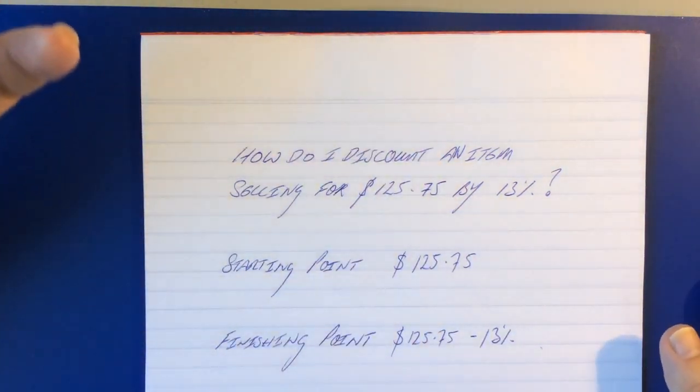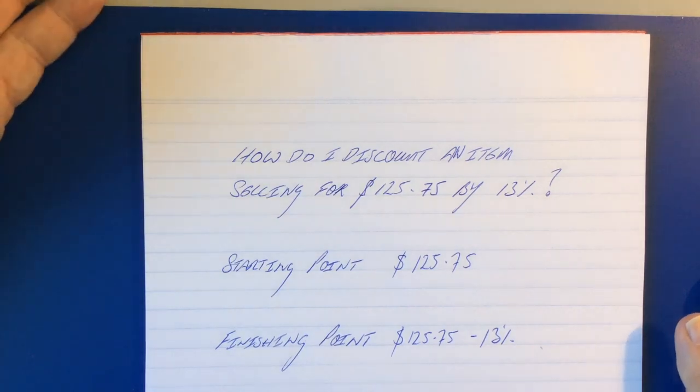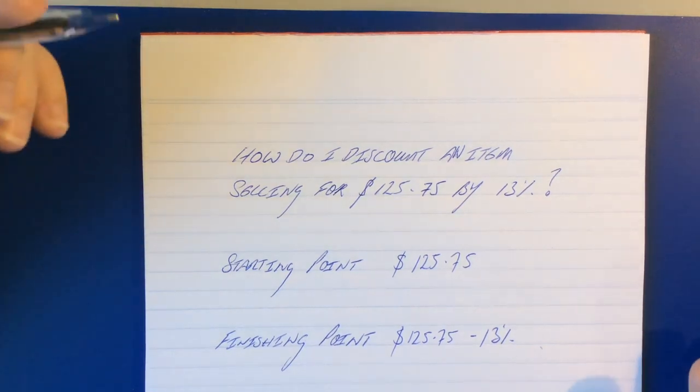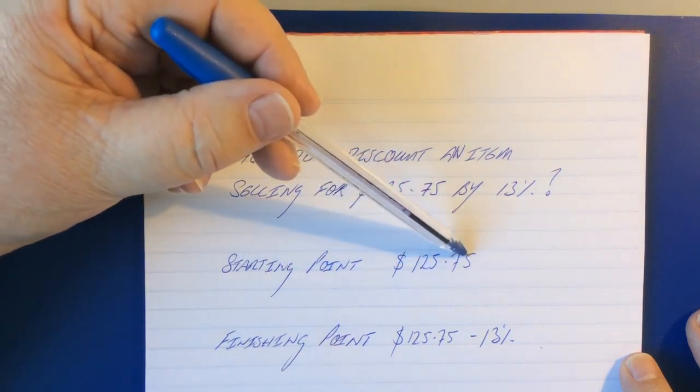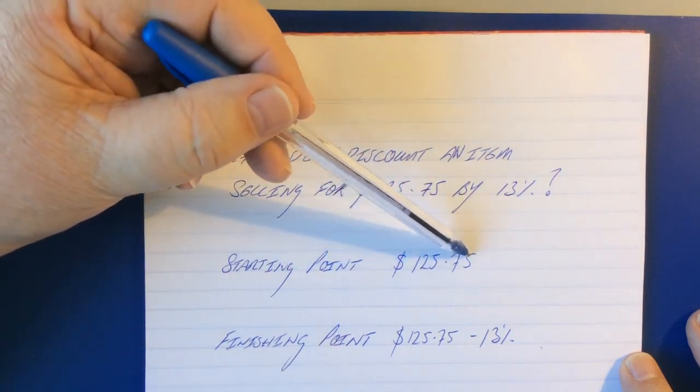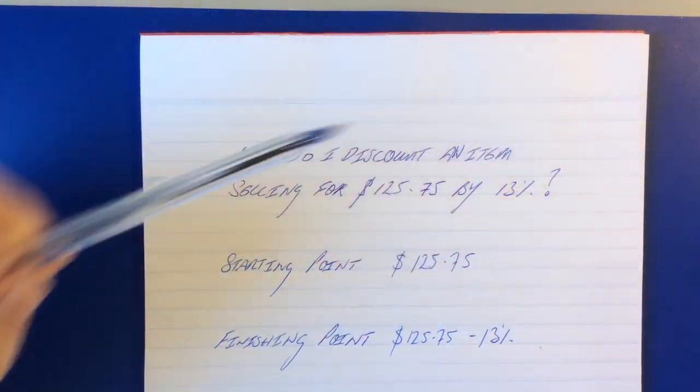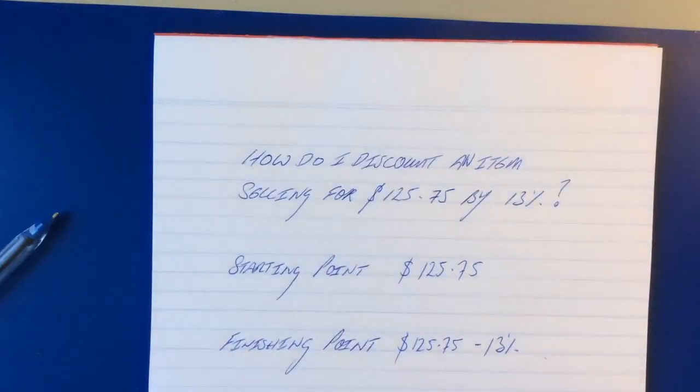And there are a couple of ways of going about this. We could simply calculate 13% of $125.75 and subtract it from that amount, which is what I'm going to do now. So just bear with me.